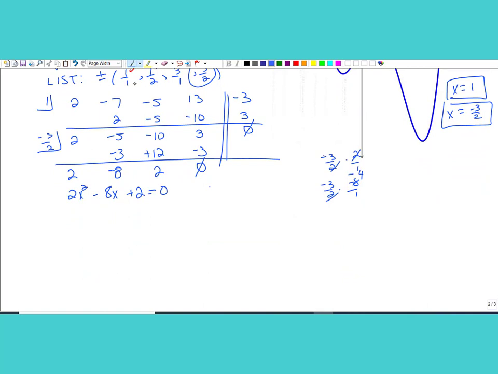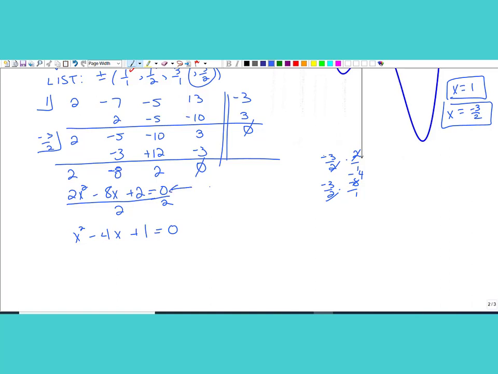But I just noticed that all of those are divisible by 2, so I'm going to divide this whole equation by 2. So I'd have x squared minus 4x plus 1 is equal to 0. I know I cannot factor that, so I'm going to need to use the quadratic formula.